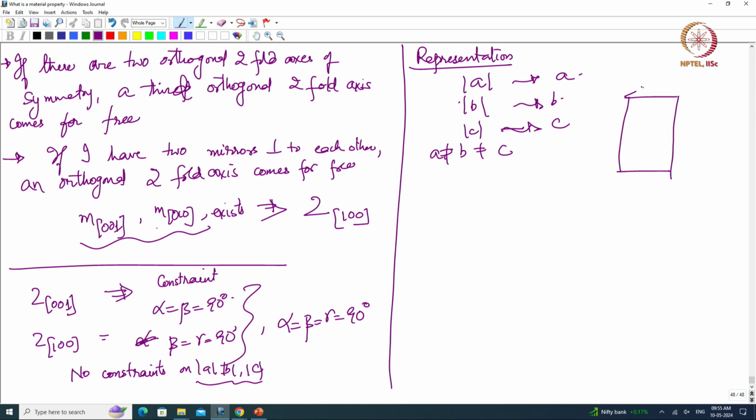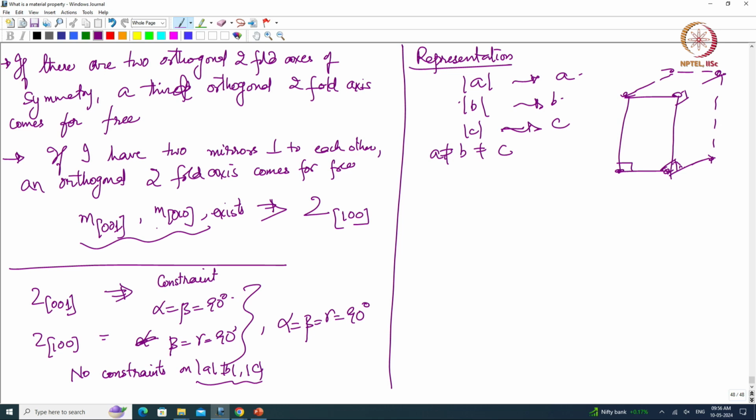A cuboid is a three-dimensional rendition of something that looks like a rectangle in two dimensions. That is going to be my unit cell with all these things being my lattice points. And so the only constraint is that alpha equal to beta equal to gamma equal to 90 degrees.